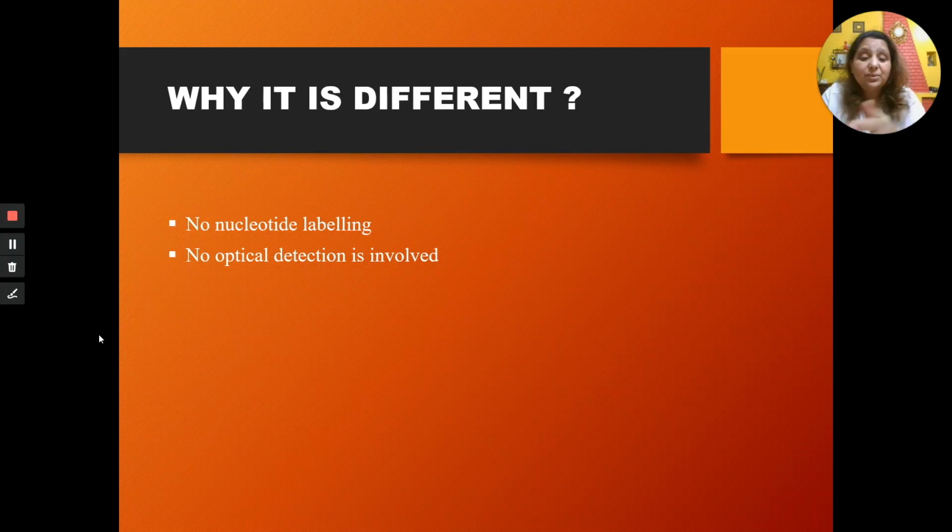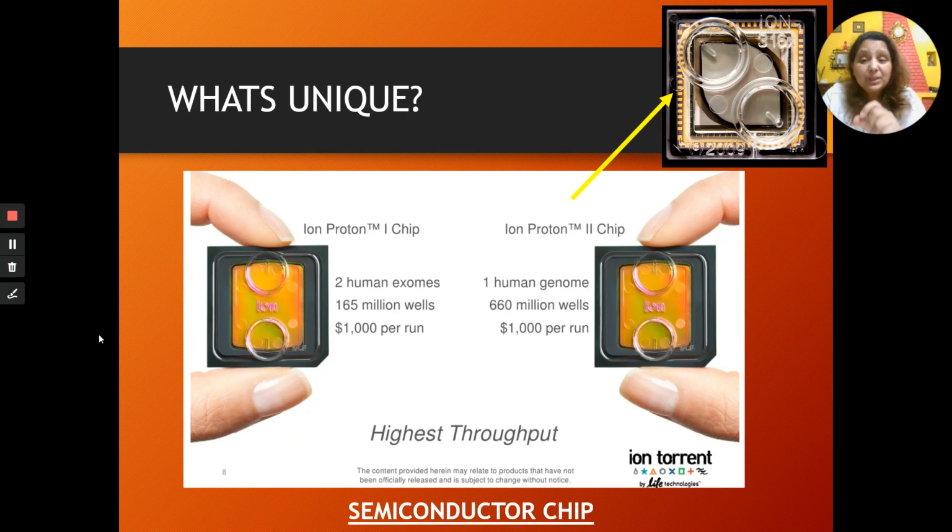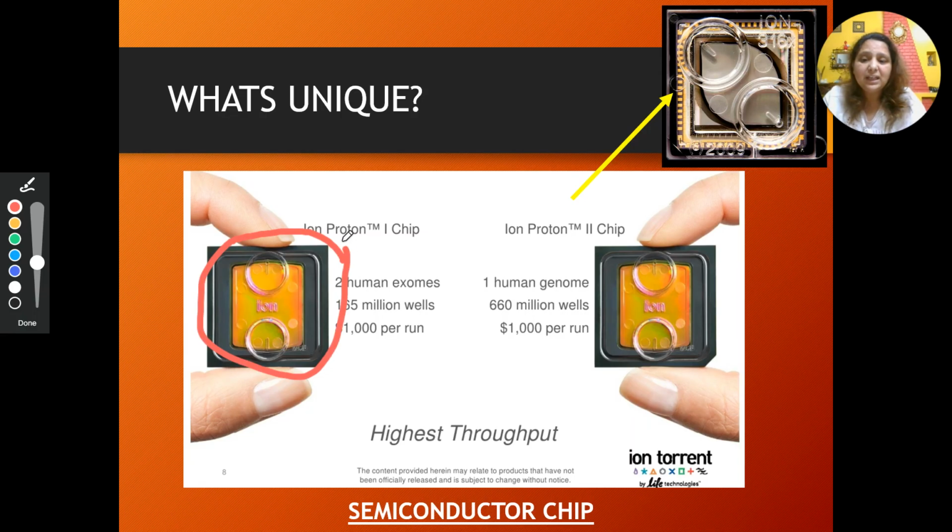अब ये यूज कैसे होते हैं, ठीक है? In order to utilize these protons which are released in the process of DNA replication, something called a semiconductor chip is involved. ठीक है? अब these two chips that you are seeing here and here and also here in this panel, all these are the Ion Torrent chips.